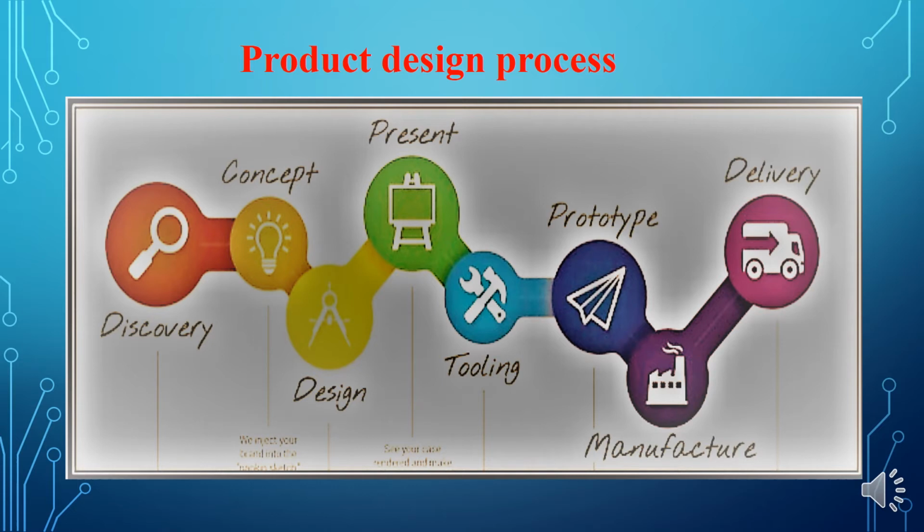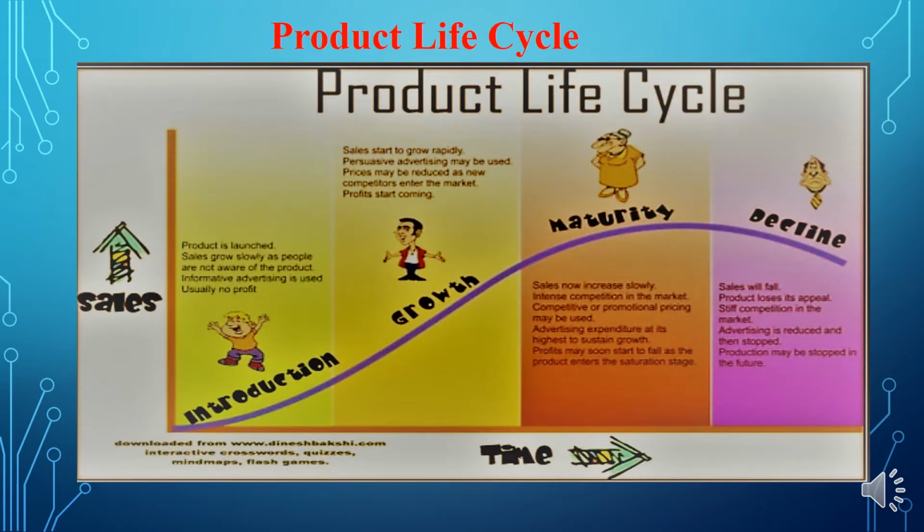And of course, si manufacture, kung saan naman natin gagawin yung production. Then last, si delivery, para ma-distribute naman yung mga product na na-produce natin sa mga wholesalers and sa retailers up to the final consumers. Then dito naman sa product life cycle, makikita natin si introduction, growth, maturity, and decline.